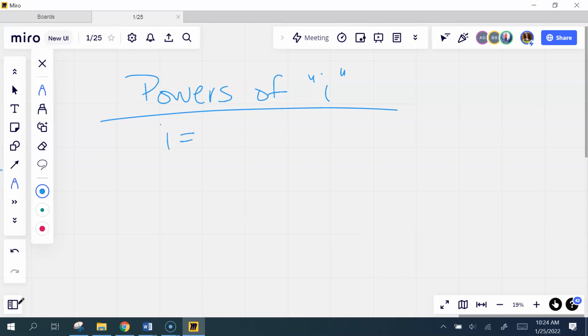Tell me what i equals. Not -1, but the square root of -1, right? So if i is the square root of -1, what do you think i squared would be?